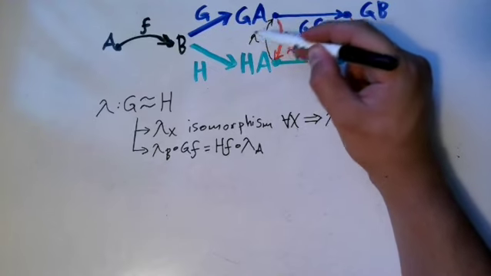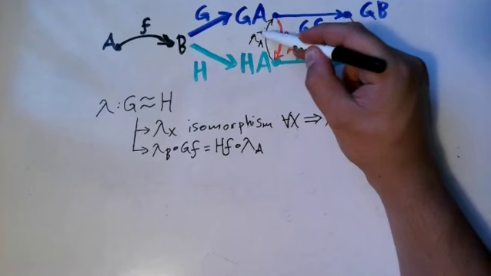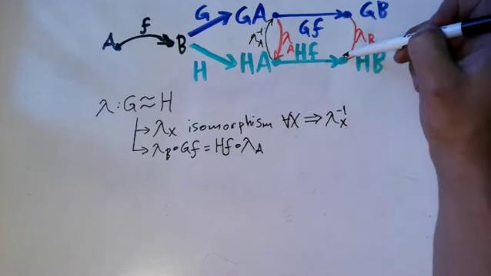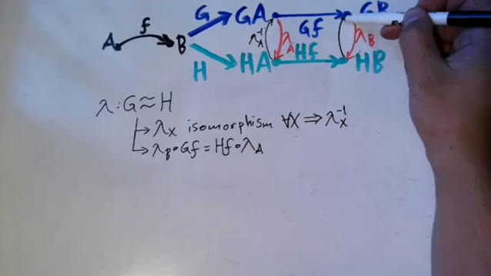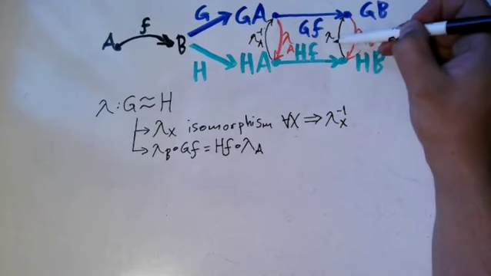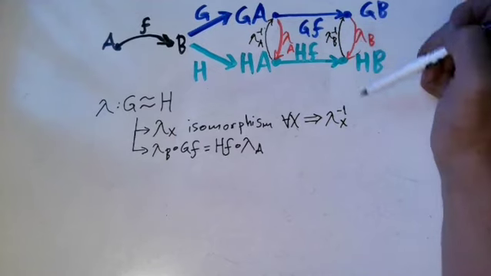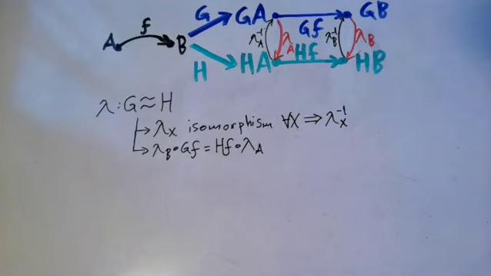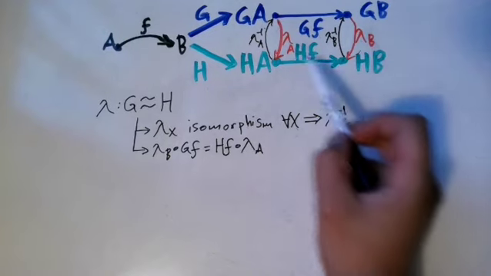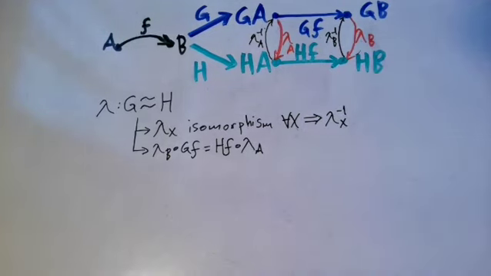So for each component, lambda A will have lambda A inverse, and lambda B will have lambda B inverse, and this square commutes, since it's a natural transformation as well.